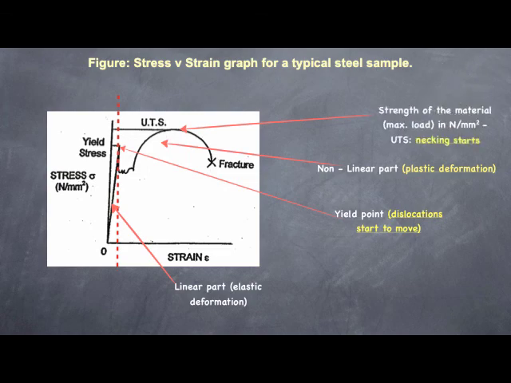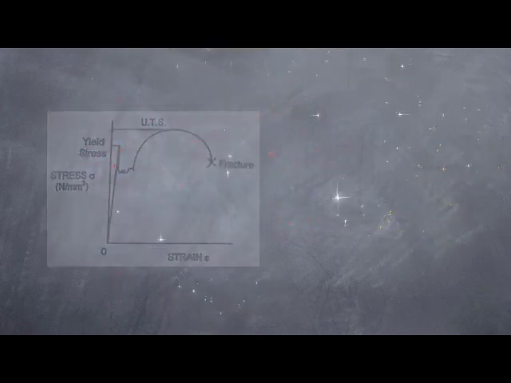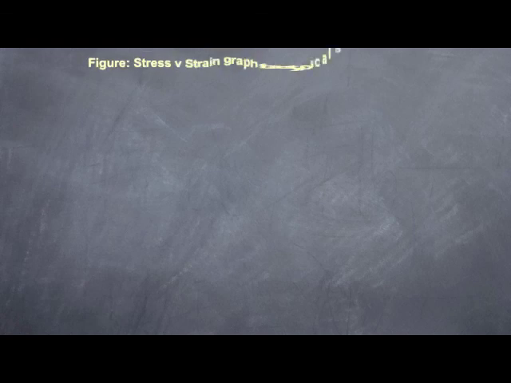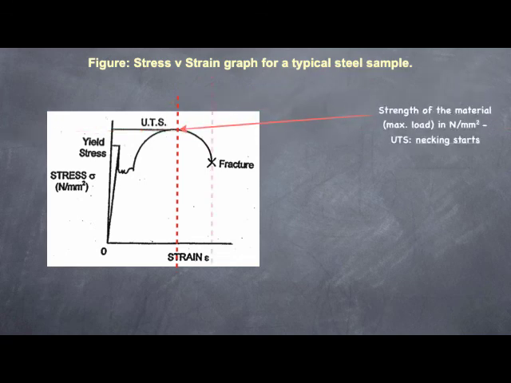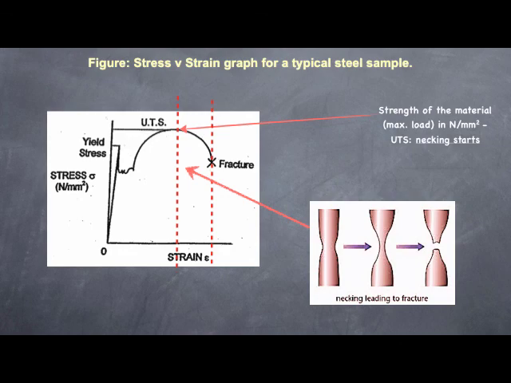And after the UTS, this is where necking starts. And this is an illustration of what happens during necking. It happens between the UTS and the fracture in this region, and this is what happens to the material.